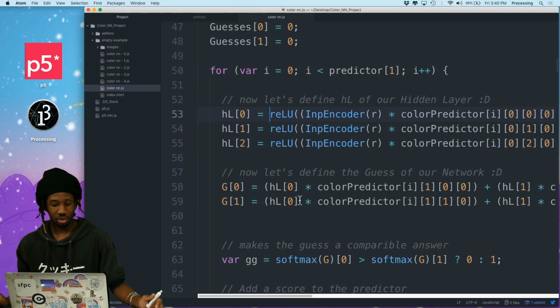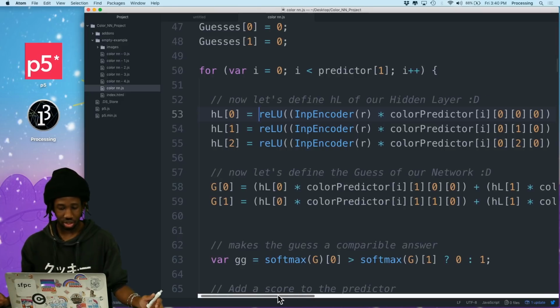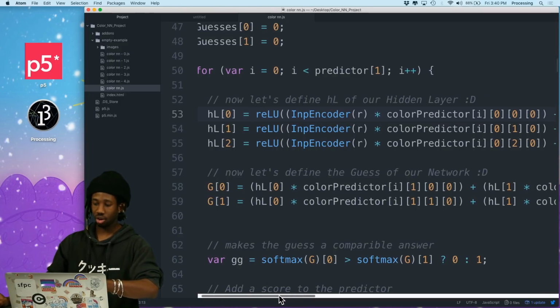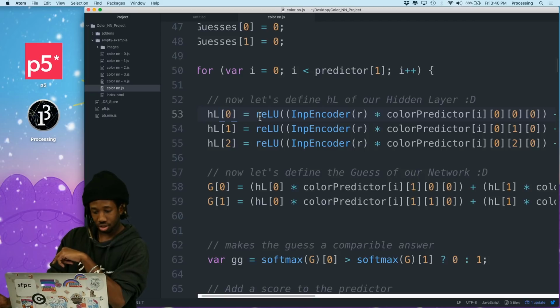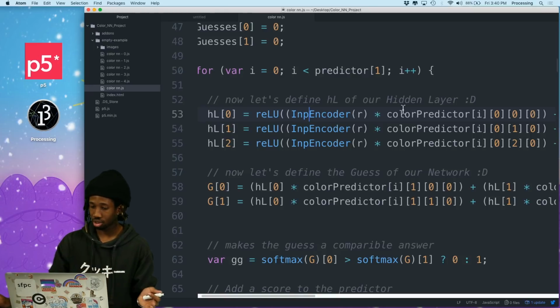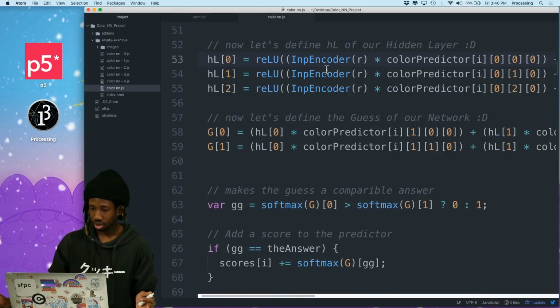Okay, so same exact thing that you see on the board is what we write here in our code. So first, before we can get what the guess nodes equal, we have to first get what the hidden layer nodes equal. So simply put, as we did on the whiteboard, hidden layer 0 equals, we'll get to what ReLU is in a second, but hidden layer 0 equals, we did our input encoder, which was a question that was asked earlier about normalizing our input data.